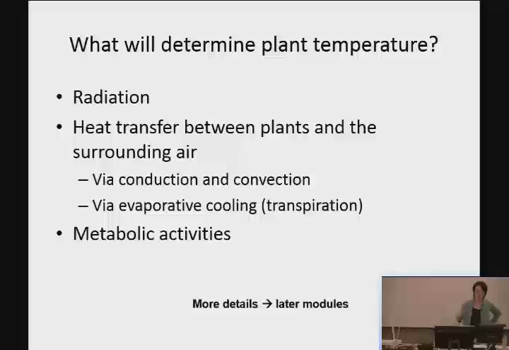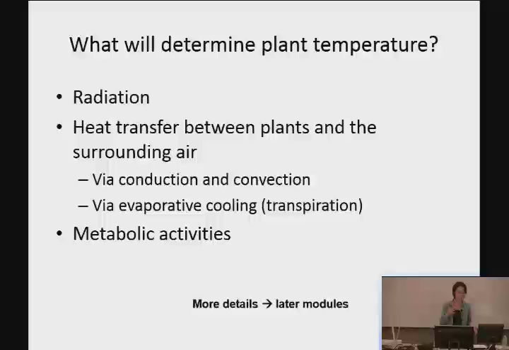And then also conduction and convection, which is removing heat from or adding heat to the leaf. So that's also another important factor for leaf temperature. And metabolic activities, particularly for fruit, big mass doing a lot of respiration, generating heat, also needs to be accounted for.